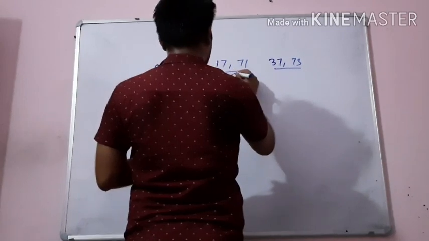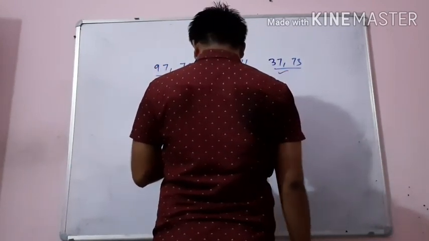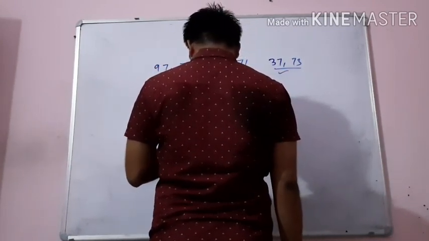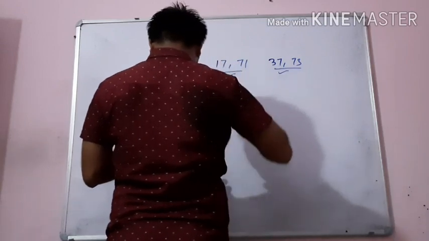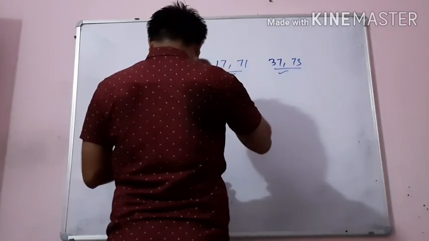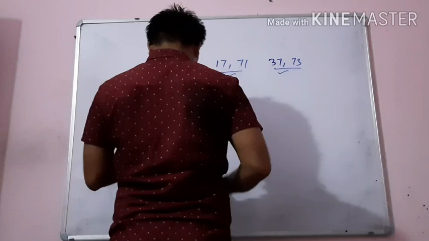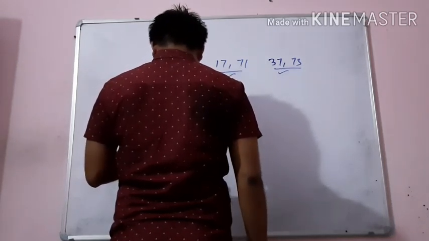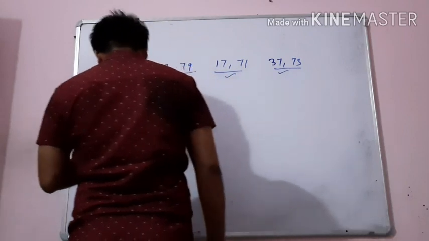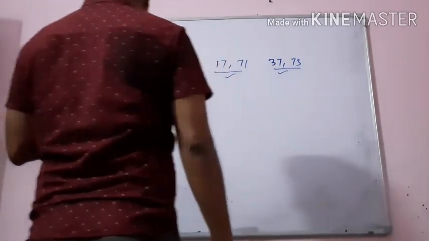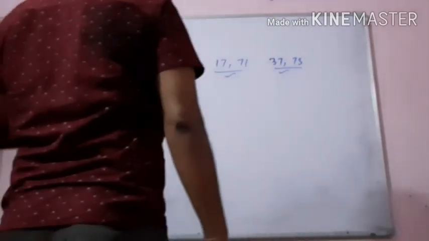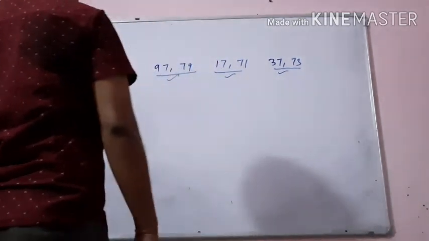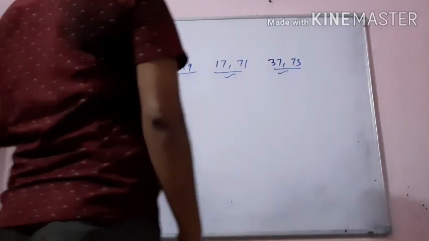So 97, 79, 17, 37 and 73. These are the pairs which have the same digits and both numbers are prime numbers.